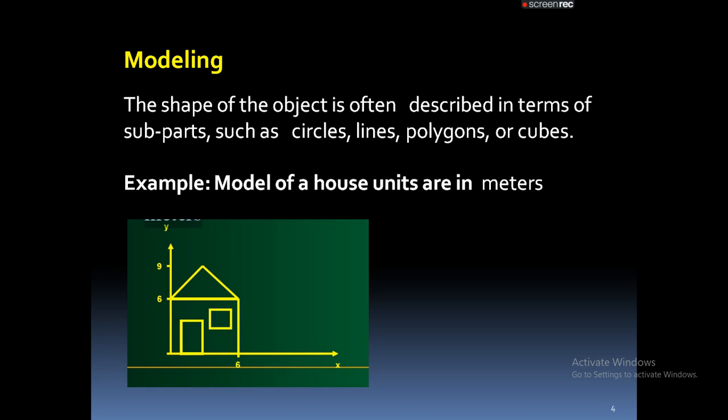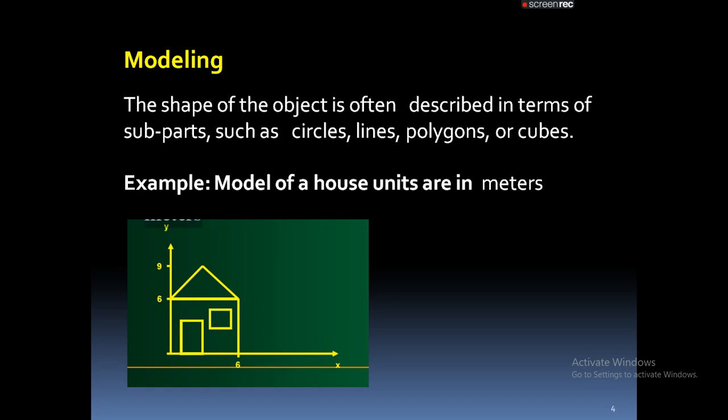Once you divide the object into various types of geometrical primitives, you specify the coordinate position of every geometrical primitive in terms of the mathematical description of that particular object.